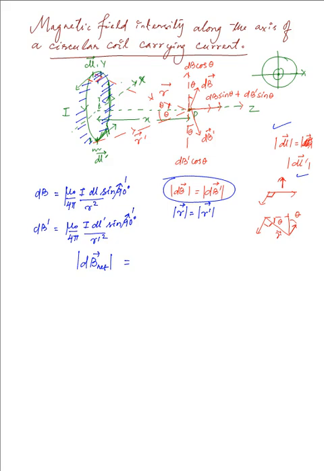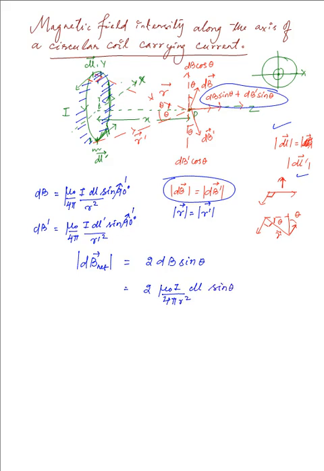So dB net is equal to 2 times dB sine theta. I can say that dB is equal to dB prime, and I can take it simply as dB. So 2 times dB sine theta, which I obtained out of this, and then we have 2 times, putting the value of dB there, that is mu naught I over 4 pi r squared, and dl is there, and there is a sine theta, of course.